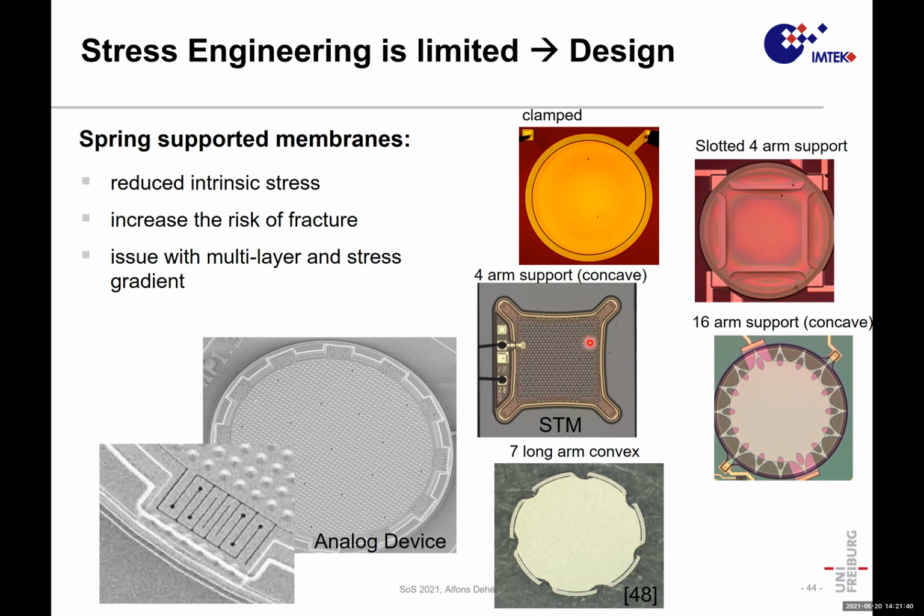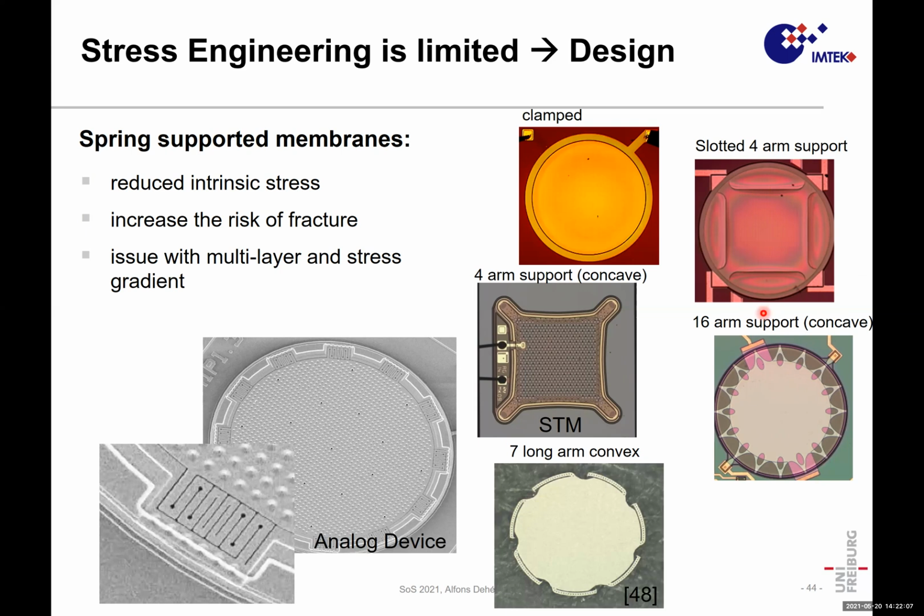We see a similar design from STMicroelectronics, a membrane hinged on 4 parts. A more advanced situation is here. This membrane, the light color, is supported at 16 arms. So this relaxes part of the stress in my device to get it softer.